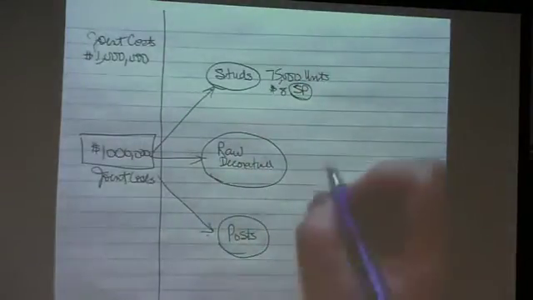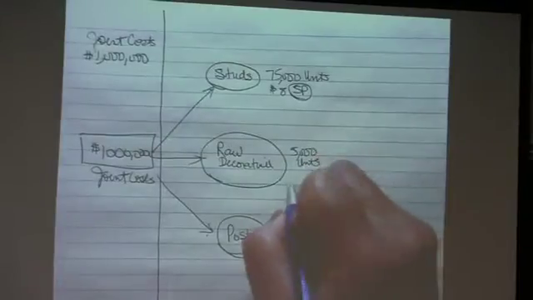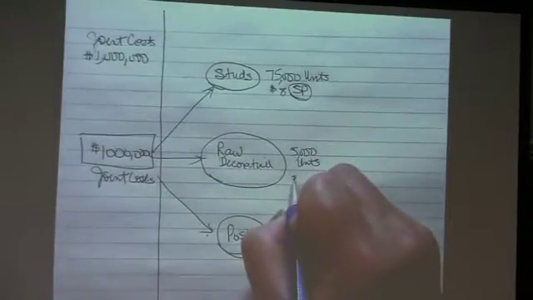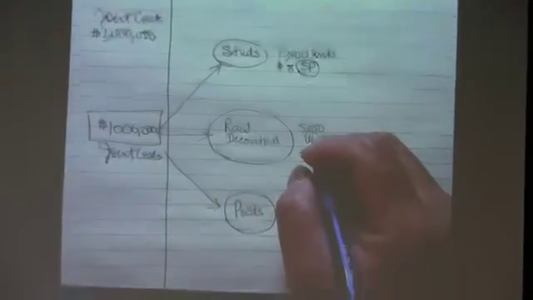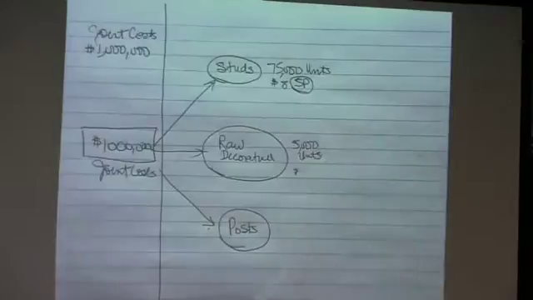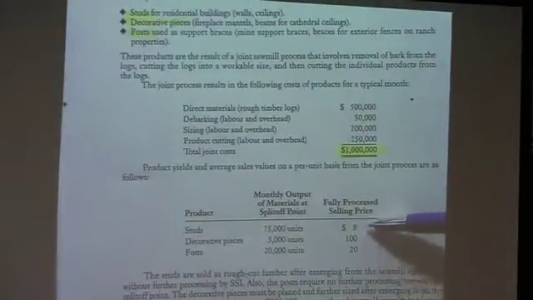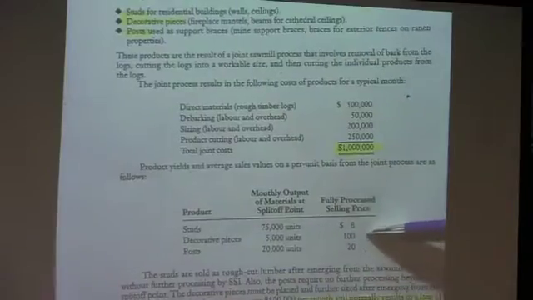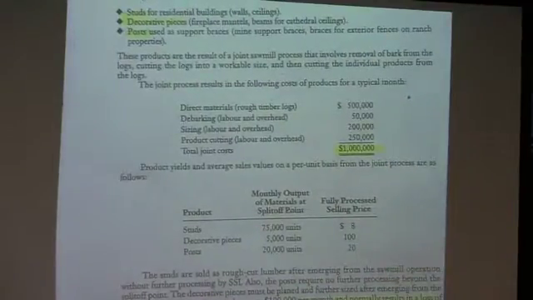For the raw, we're going to produce 5,000 units. Let me look at this again. It says that the... it's $100, right?